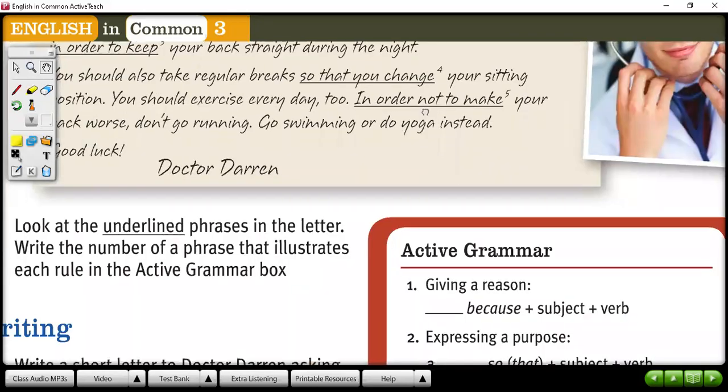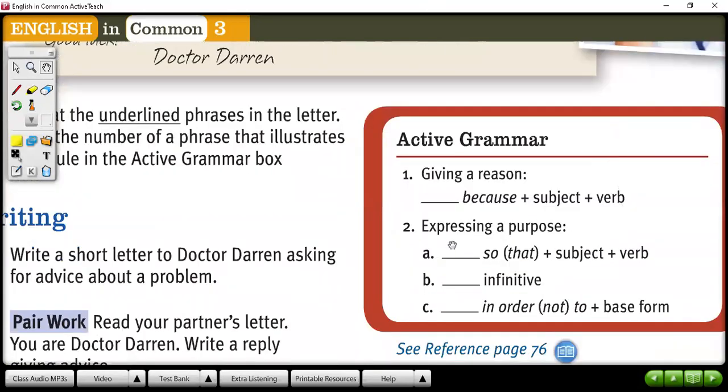Okay, and another we have, it says expressing a purpose. Expressing a purpose. So that, but after so that, you have to use subject and a verb. In this case, we have here in parentheses, but it's optional. Can be or can't be there. Okay.